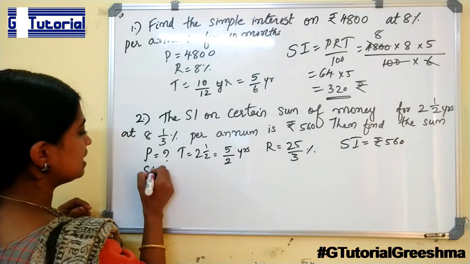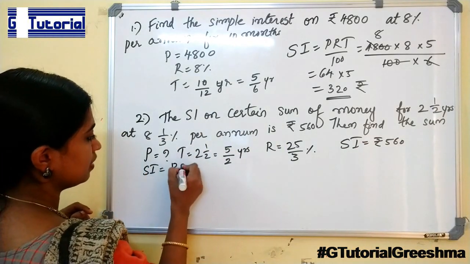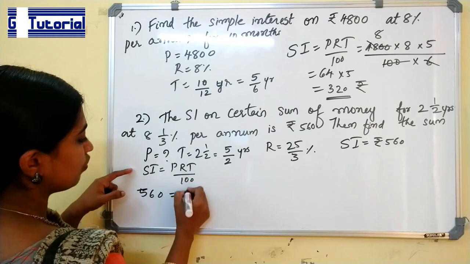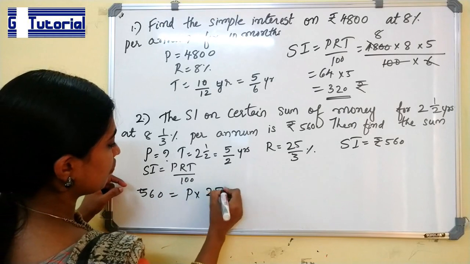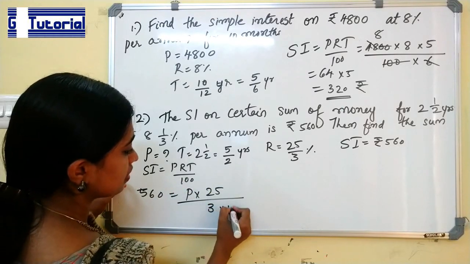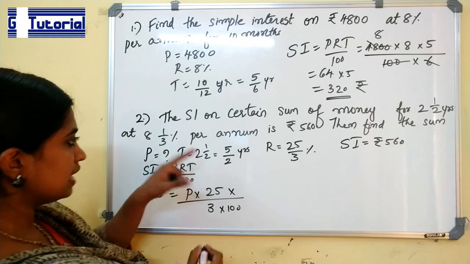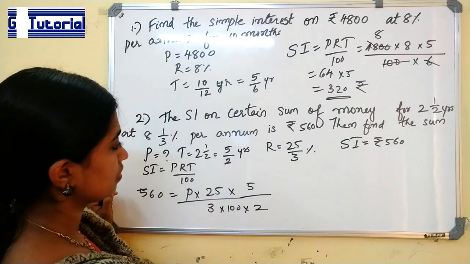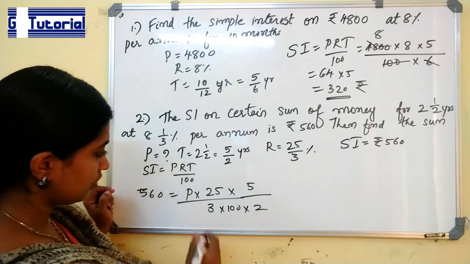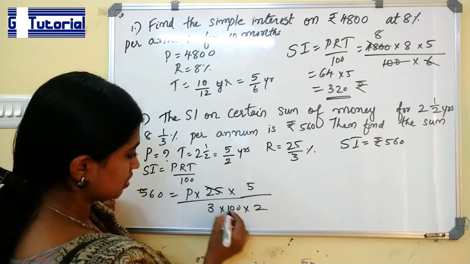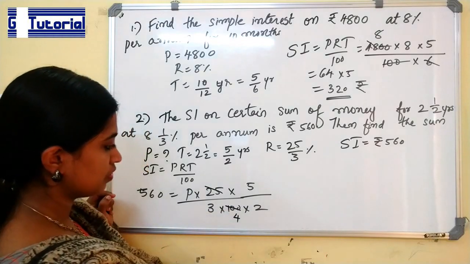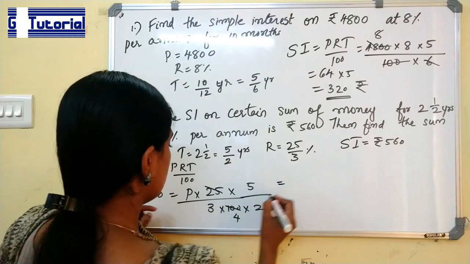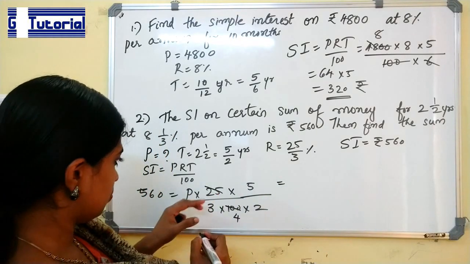So SI is equal to PRT by 100. We know that SI is 560. We don't know the value of P. R is given as 25 by 3%, and T is 5 by 2 years. So we can calculate, and there is nothing more to cancel.